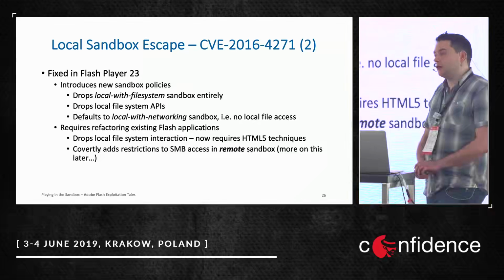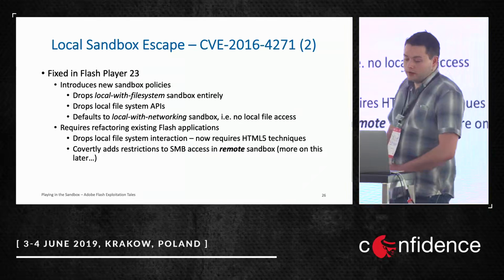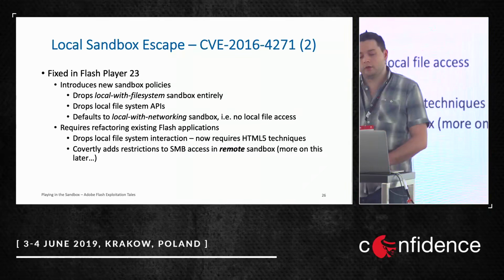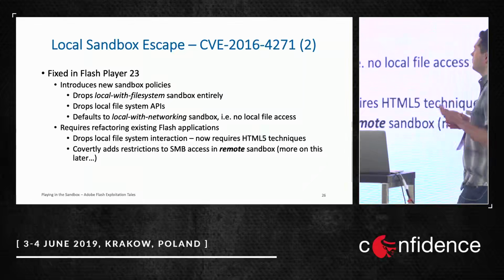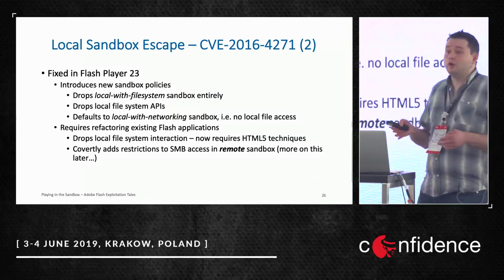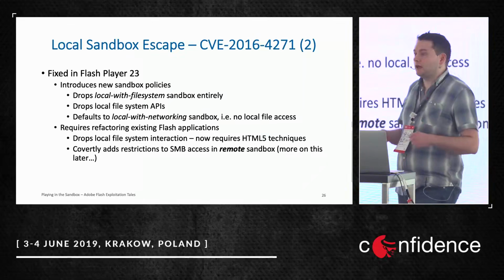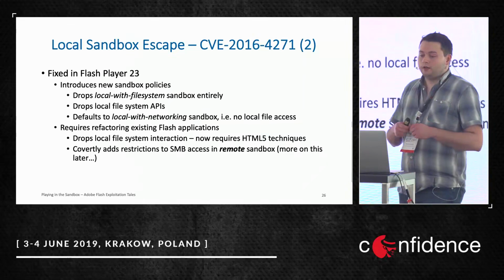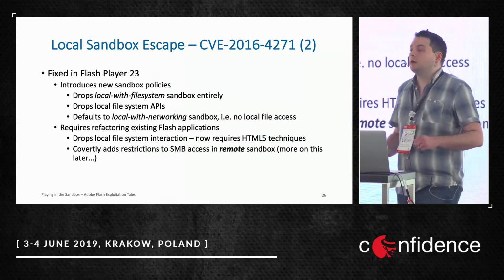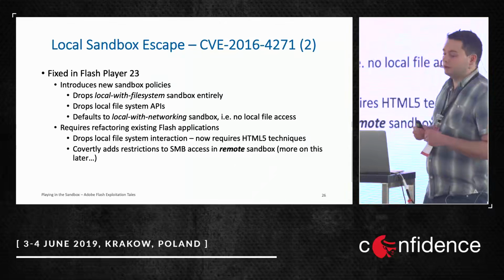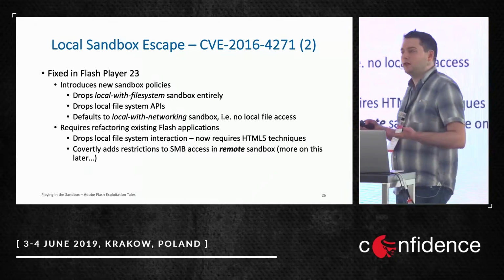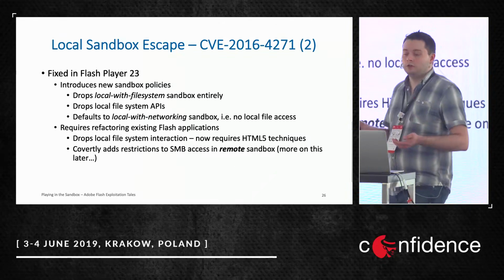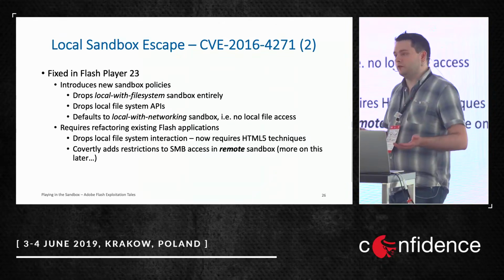It was fixed in Flash Player 23, and in this version, Adobe introduced new sandbox policies. Basically, they dropped the entire local-with-file-system sandbox, and therefore also all the local file system APIs because they had no use anymore. And local-with-networking became the new default sandbox, which is pretty much similar to the remote sandbox in the sense that you can access remote servers, but you cannot access the local file system.